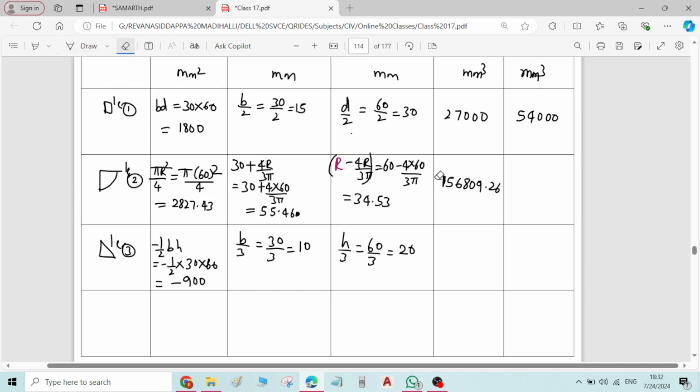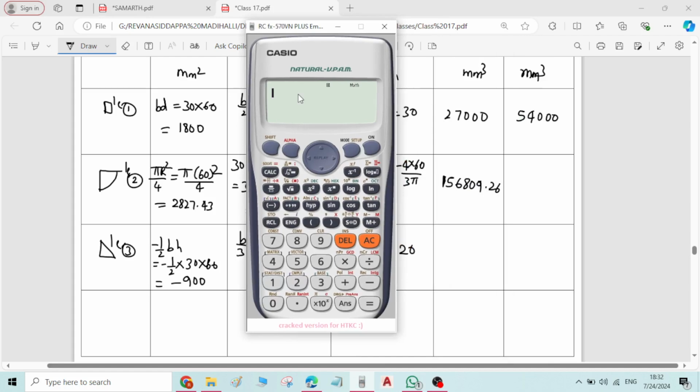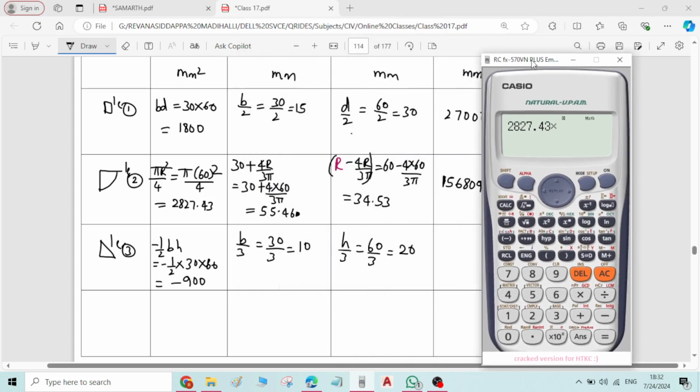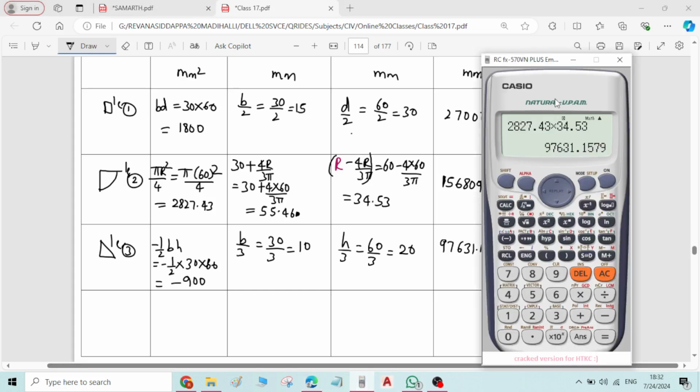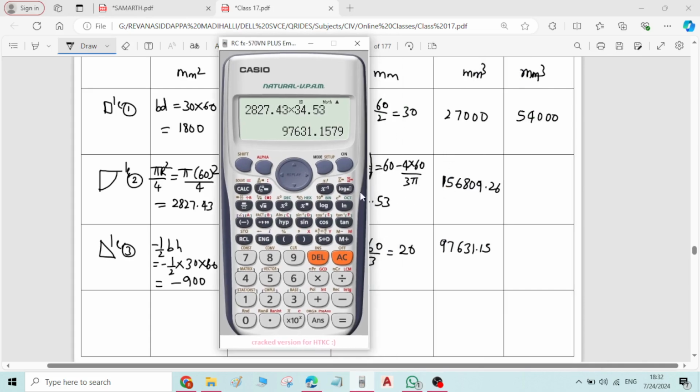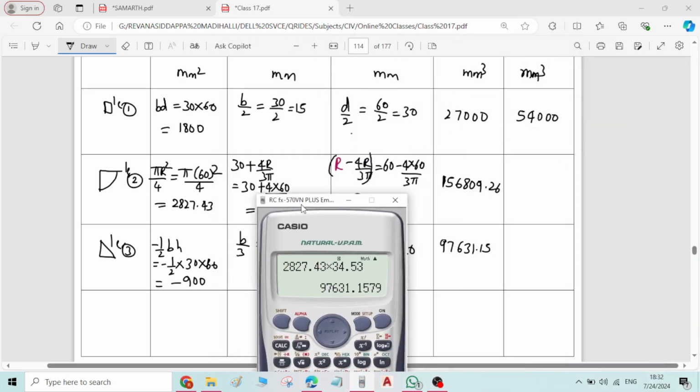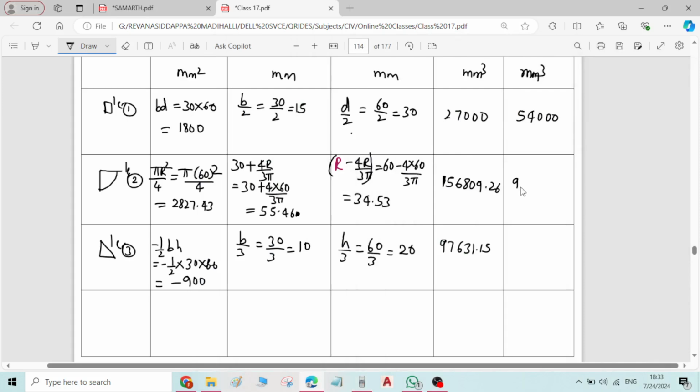Then coming to the AY value, it is 2827.43 into the y value 34.53, which gives 97,631.15.